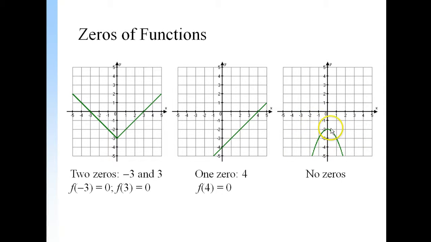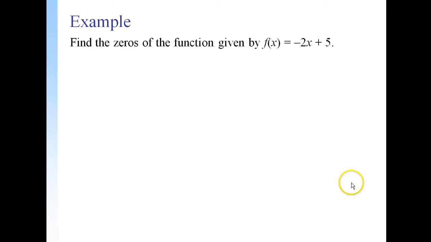No, the parabola never reaches the x-axis where our 0 for y is. So this one has no zeros. By the way, a bonus point for this might be, what is this? Well, these are imaginary numbers. The values of x, I'm sorry, the y value never reaches 0. There you go.